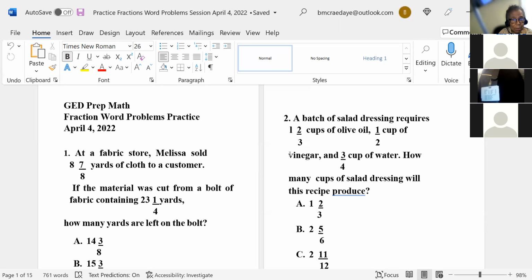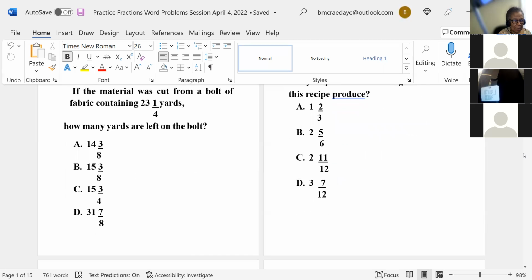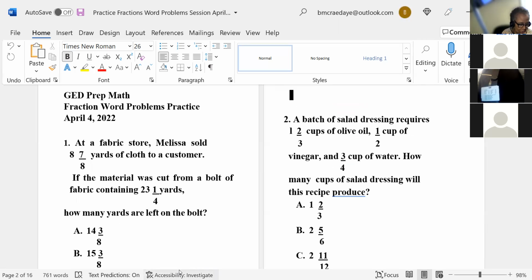What Maureen said, Mercedes, is exactly correct. You take that whole bolt amount and subtract what she sold from it, right? So let's just write what Maureen said. She said subtract 8 and 7/8 yards.